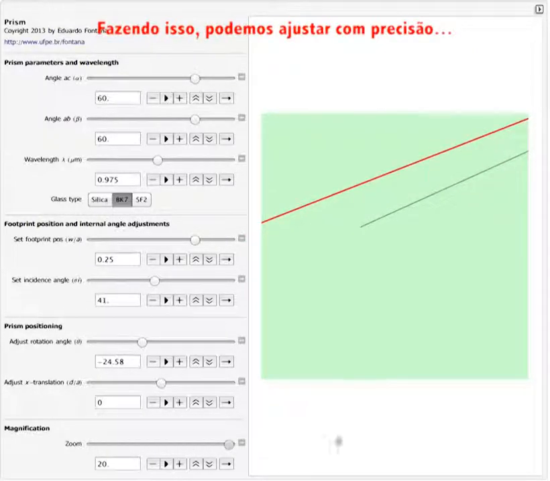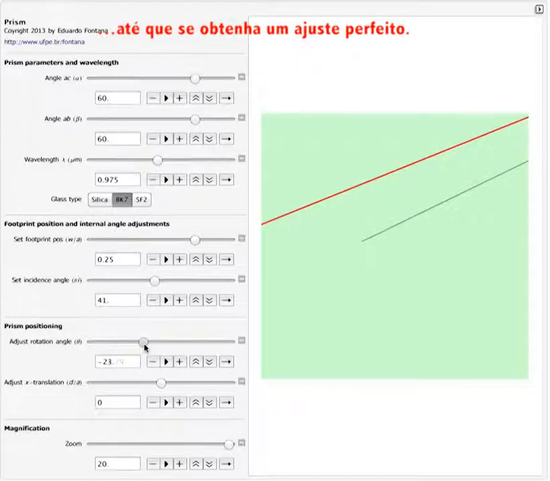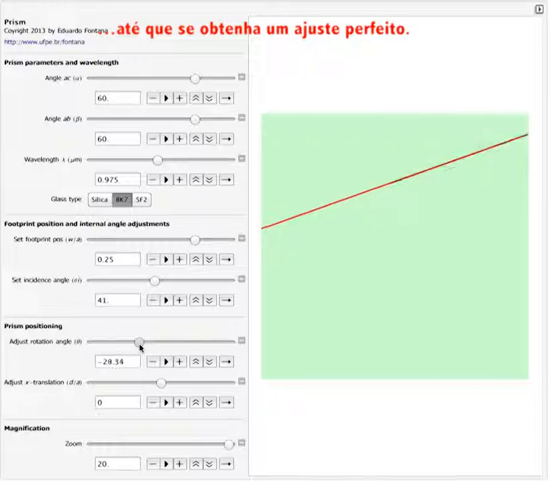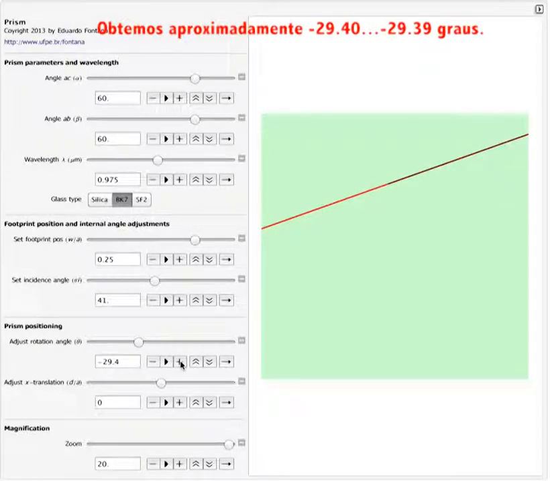By doing this, we can precisely adjust our virtual rotation stage until a perfect match is achieved. We get approximately minus 29.40, minus 29.39 degrees.